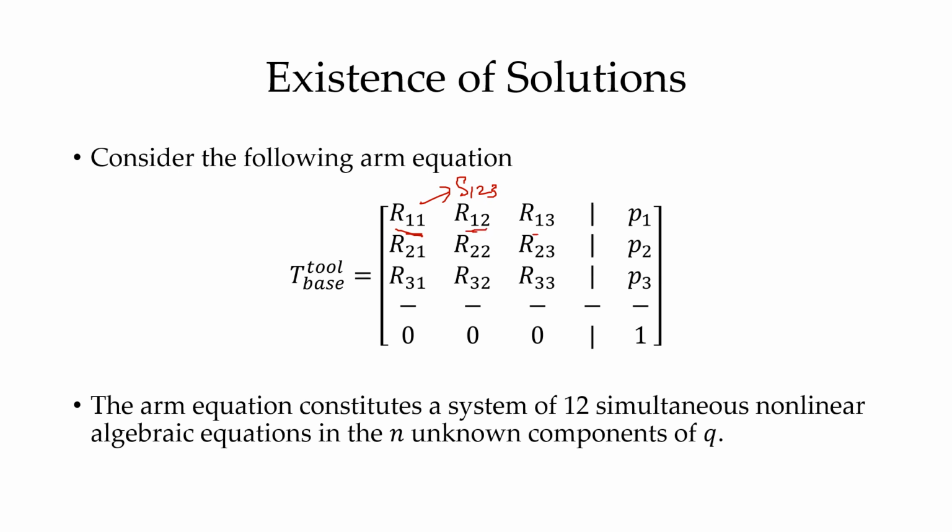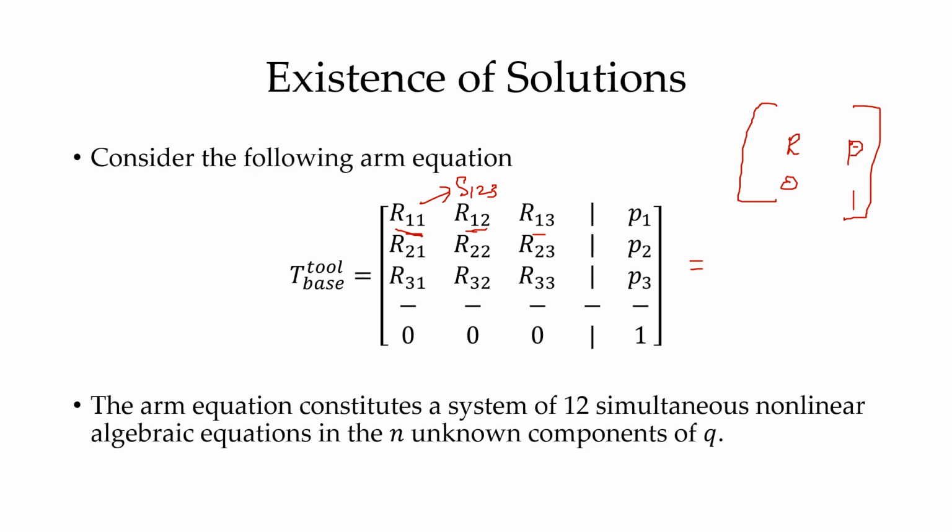Each one of these will be some kind of expression. And if you are already giving a position and orientation to that, we can get the corresponding R and P. We will know these values, right?